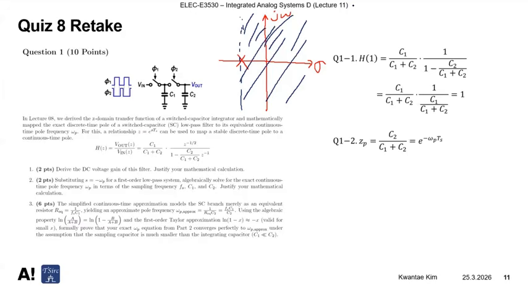You can simply make the denominator equal to 0, then you get the pole. And e to the power of S equal minus omega p, Ts, then you get this equation. Solving this equation, you get omega p is equal to Fs times Ln of C1 plus C2 over C2.